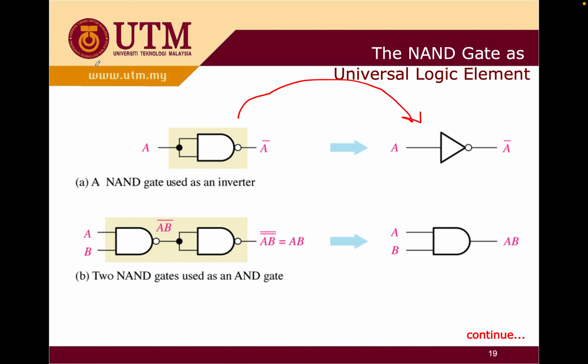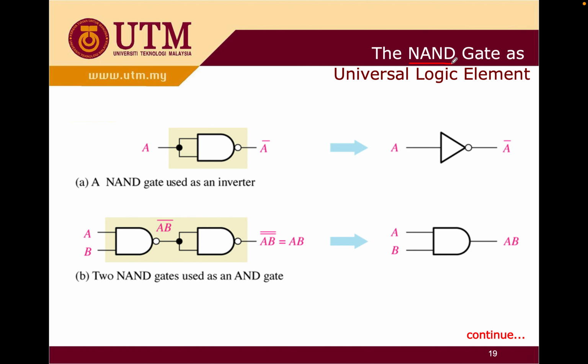So you need to remember how a NAND gate can represent a NOT or an inverse. You need to remember how your NAND gate can represent the AND gate, and how your NAND gate combination can represent the OR gate, and so on.